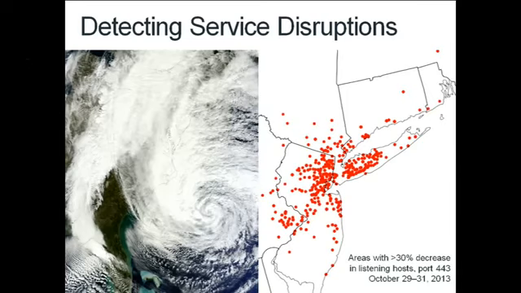So places where the power went out and suddenly people's Netgear routers, for instance, were no longer exposing their web interface to the world. So by looking at the whole internet, we could spot evidence of this localized disaster. And we can do something like this on a continuous basis all the time if we want to watch for disruptions in critical infrastructure.